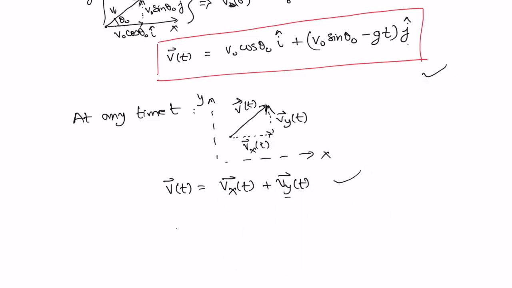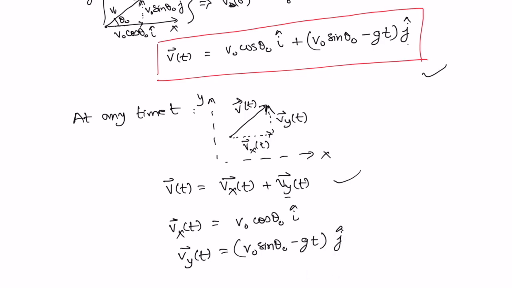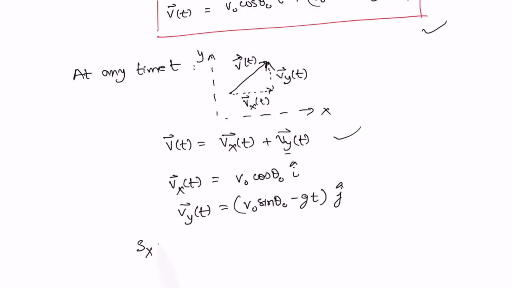Comparing these two equations, we can say that velocity vector in the x direction is v naught cos theta naught i cap, and velocity vector in the y direction is v naught sin theta naught minus g t j cap. Speed in the x direction as a function of time is magnitude of velocity vector as a function of time, which is clearly v naught cos theta naught.